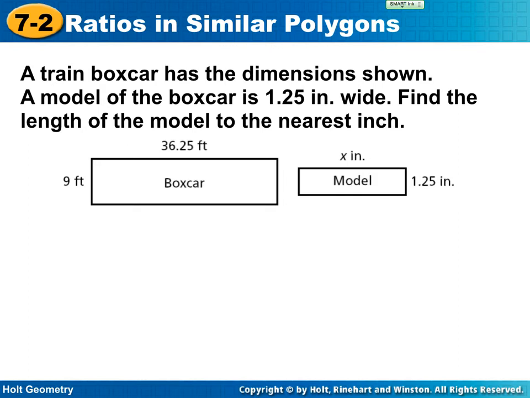Okay, now what we can do is cross multiply. This number times that one. And then you cross multiply and divide by the other one.